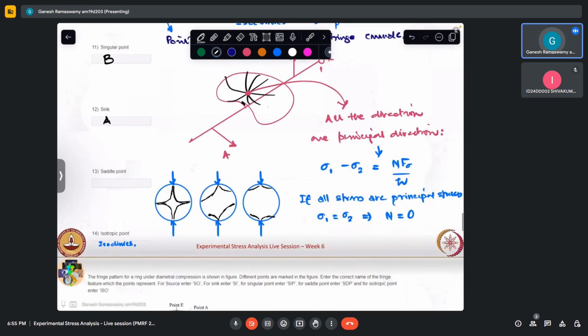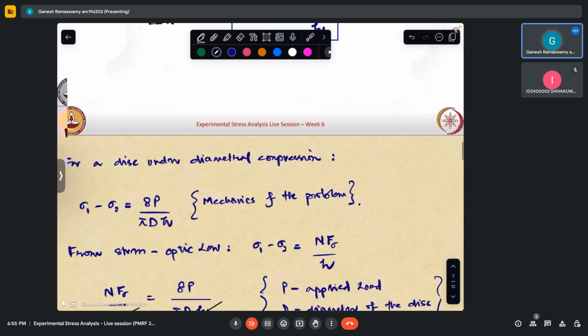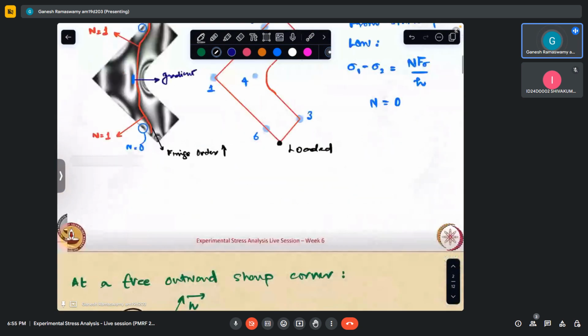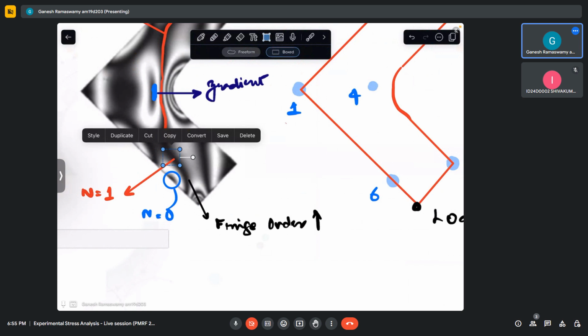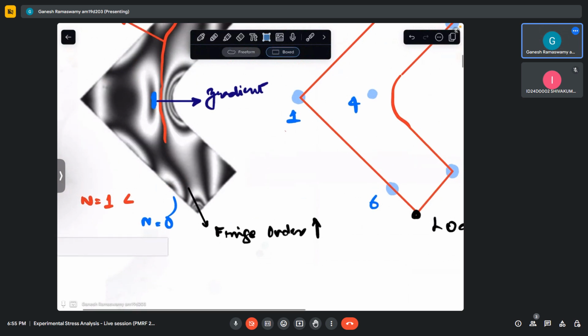Now a saddle point, let us see it from the first example. Let me remove this in order to explain. If we see here, there are 2 fringes like this.